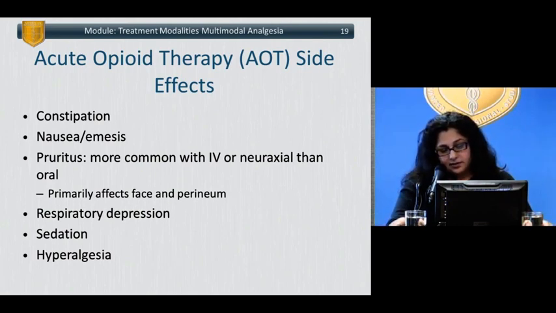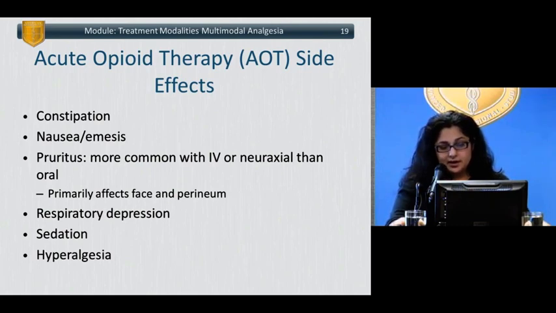Most common side effects include constipation, nausea, vomiting, respiratory depression, of course sedation, and a more relevant phenomenon that's been occurring these days is opioid-induced hyperalgesia, when opioids actually cause pain rather than prevent pain. Again, this phenomenon, we don't completely understand its underlying mechanism. It's thought to be maybe due to activation of the N-methyl D-aspartate receptor, otherwise known as NMDA.